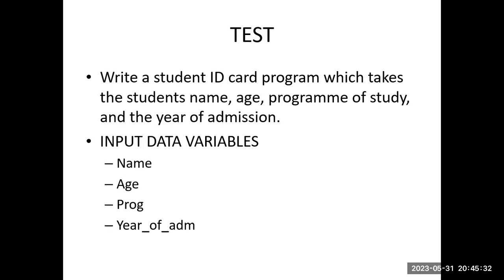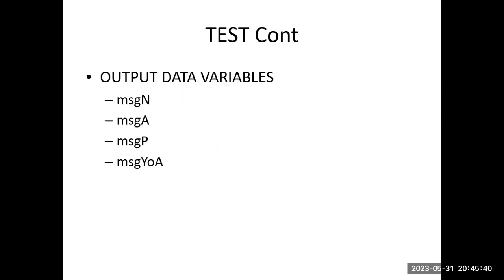Before the person enters anything into the name, for it to be stored inside this name variable, the MSGN variable, whatever message is stored in it, like please enter your name, please enter your first name, any message you put there will first show on the screen before the person can enter anything into the input data variable. Please, I hope you are clear with me.